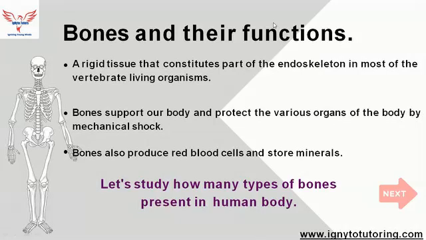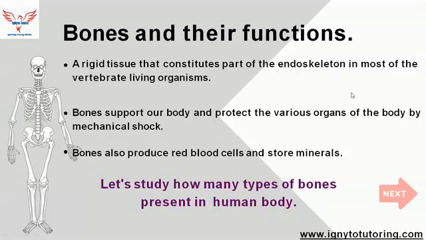Bone cells release a hormone called osteocalcin, which contributes to the regulation of blood sugar, that is, glucose, and fat deposition. Osteocalcin increases both insulin secretion and sensitivity, in addition to boosting the number of insulin producing cells and reducing stores of fat. So these were the functions of bones.